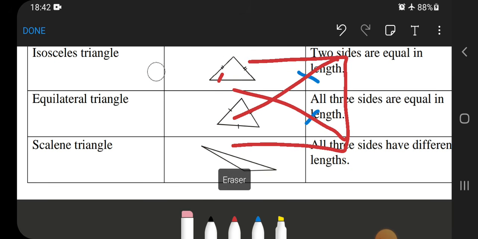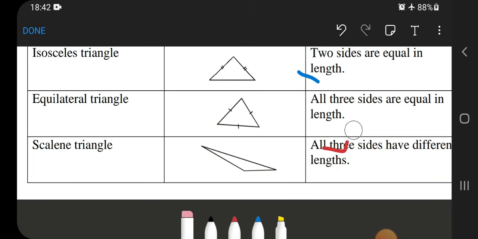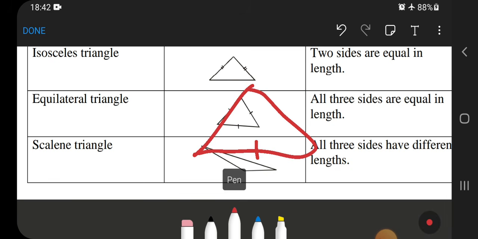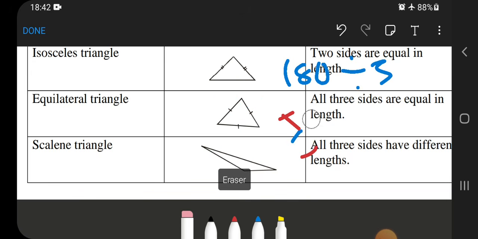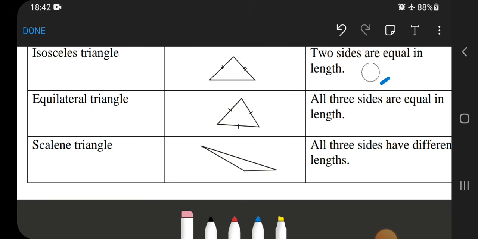You can identify these things inside squares, rhombuses, and whatever. And then when we talk about an equilateral triangle, this side and this side are equal, meaning this angle and this angle and this angle are equal. So taking 180 and dividing it by 3 will give you the same answer. So they are equal to each other. That is what you have to know as well.